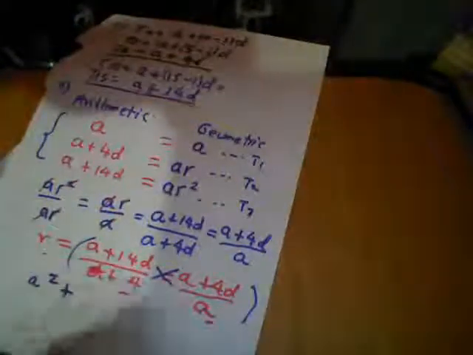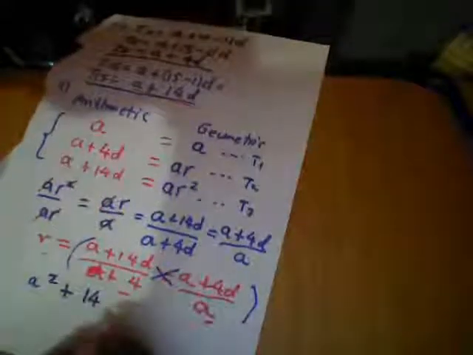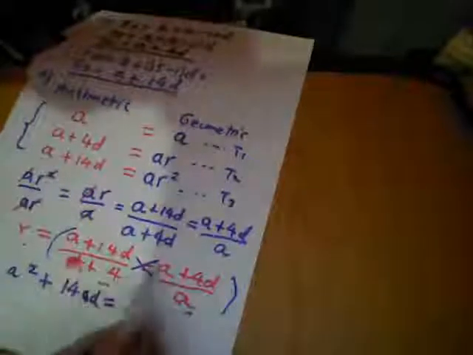So I'll cross multiply. a times a is a squared, plus a times 14d is 14ad, equal to — okay, let me multiply slowly, I don't want you to say you didn't understand — a times a squared, a times 4d, 4ad.